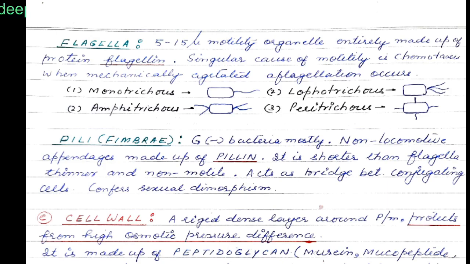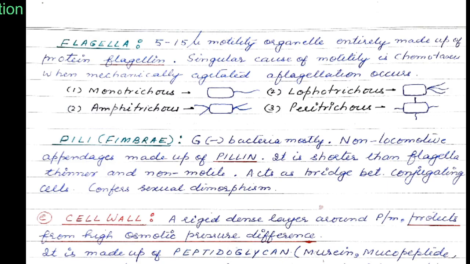When only one flagellum is present at one end, such a flagellation is called monotrichous. When three or four flagella are present at one end, such a flagellation is called lophotrichous.